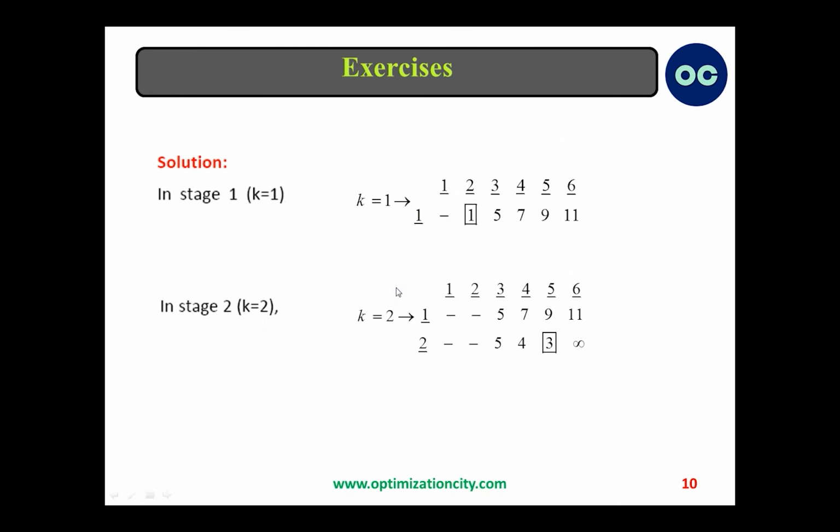In the second stage, k is equal to 2, we add point 2, which had the shortest distance in the previous step, to the 1 times 6 matrix, and we now have a 2 times 6 matrix.